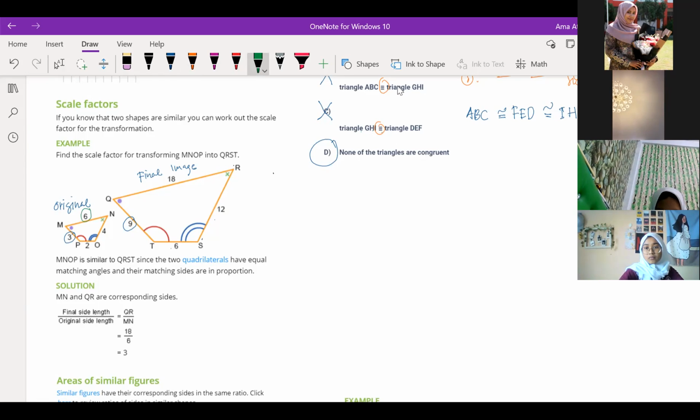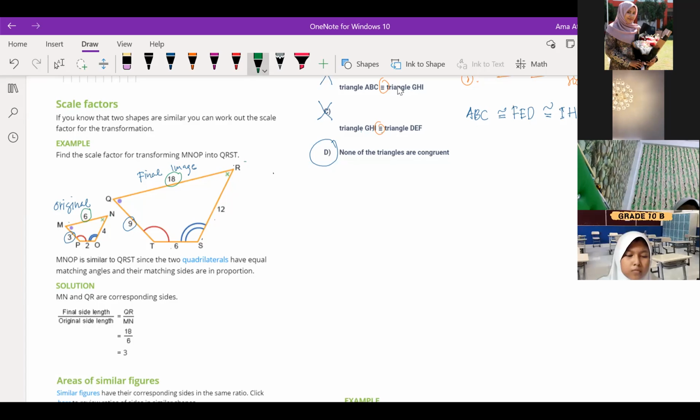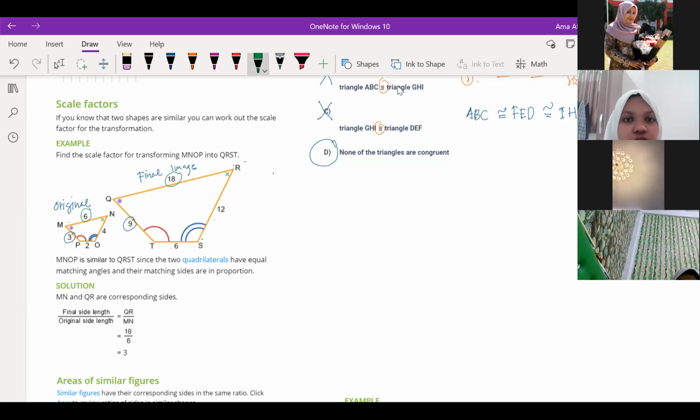MN corresponds to QR. What is the ratio of QR and MN? It is also 3, because 18 divided by 6 is 3.